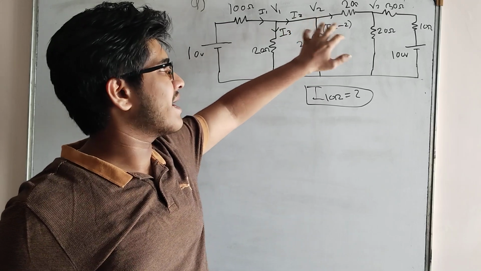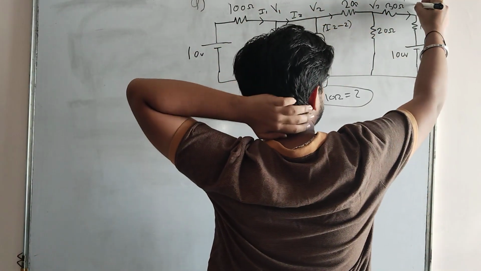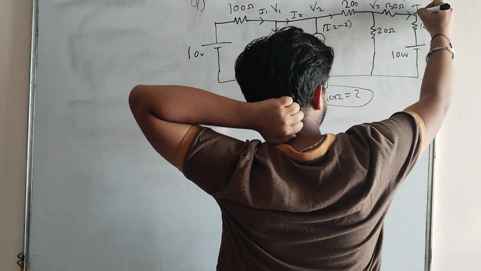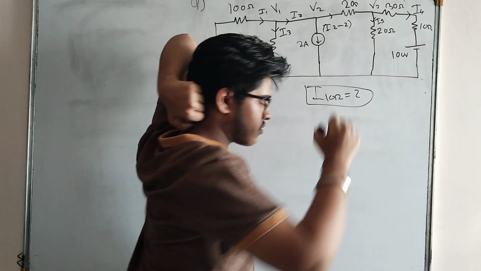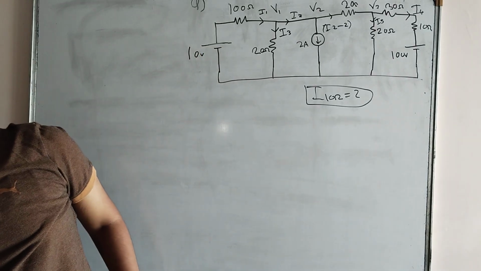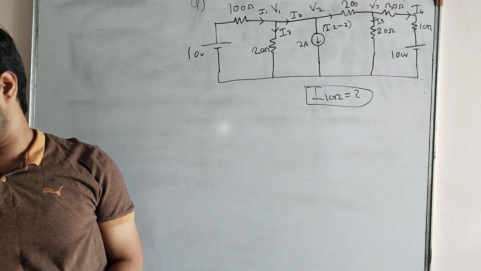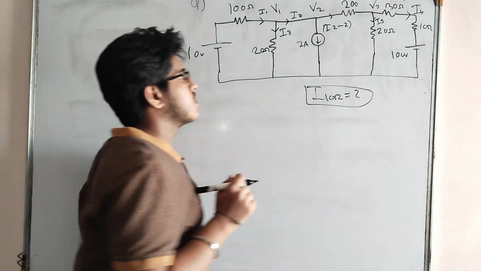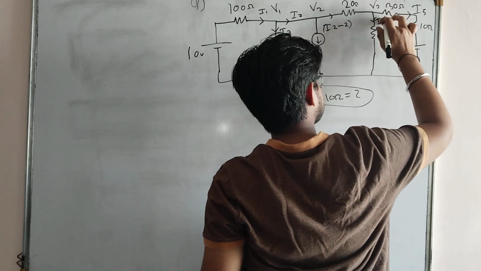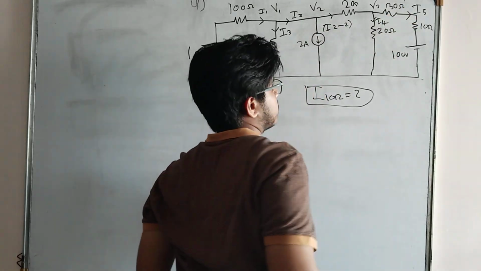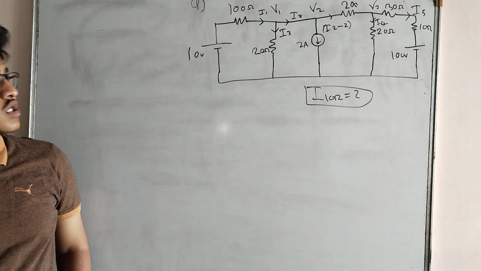It is I2 minus 2, and through this branch I will take the current to be I4 and this be I5. Let me check. I will make a small change. Let's name this as I5 and this is I4. Now let's continue the question.